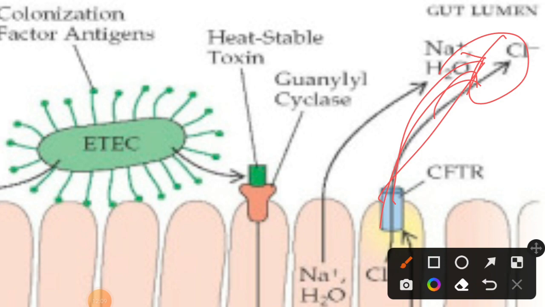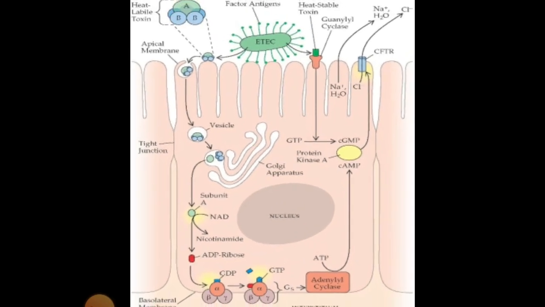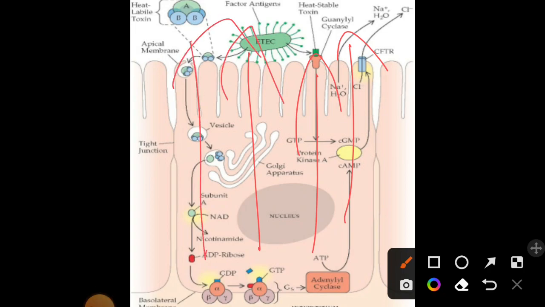As this causes a large loss of chloride ions, to compensate for this situation, a large amount of water also gets lost from the intestinal epithelium into the intestinal lumen.